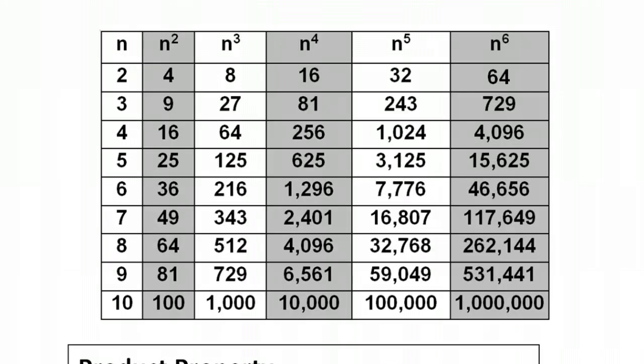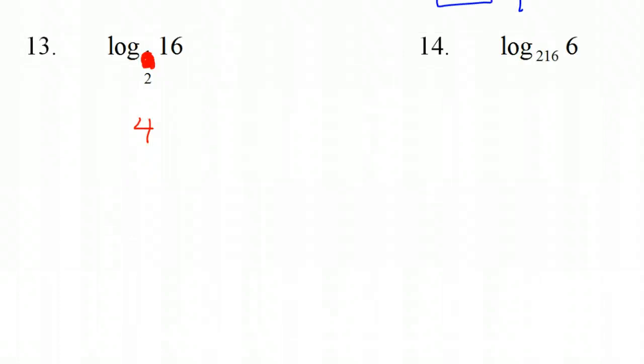Now, if you don't know that, use your chart. 2 to the 4th power is 16. So that would be 4. But because it's 1 over 2, to drop us down to denominators, we need negative exponents. So the negative 4th power will make this happen. So that's probably the quickest way to do it.